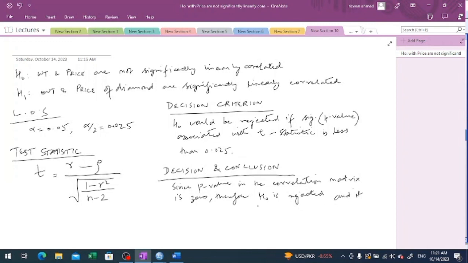and it can be concluded that weight and price are significantly linearly correlated.